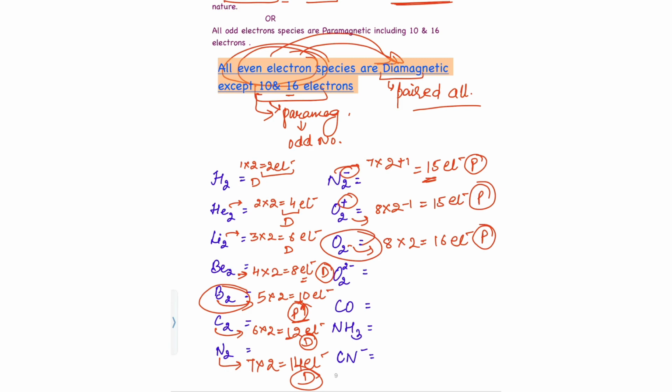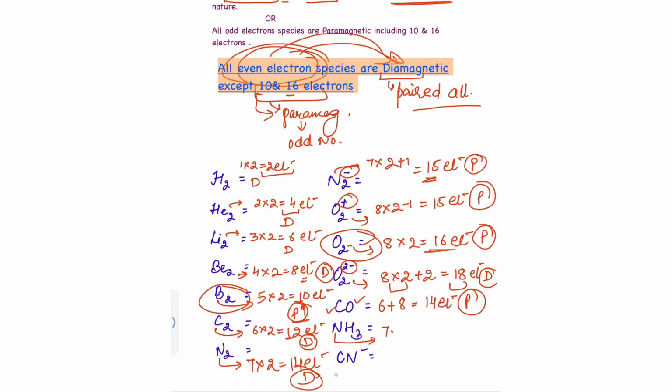Exception, 16 electron species. O2 2 negative, 1 oxygen contains 8 electrons, 2 contain 8 into 2, 2 negative means we have to add 2, because oxygen is gaining electrons. 8 into 2, 16 plus 2, 18 electrons, because electrons are even, this is diamagnetic. CO, 1 carbon contains 6 electrons, oxygen contains 8 electrons, 14 electrons, again diamagnetic.